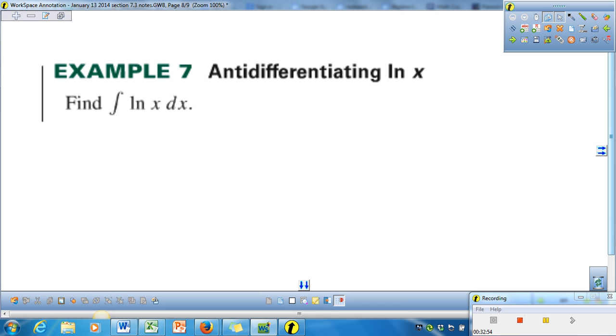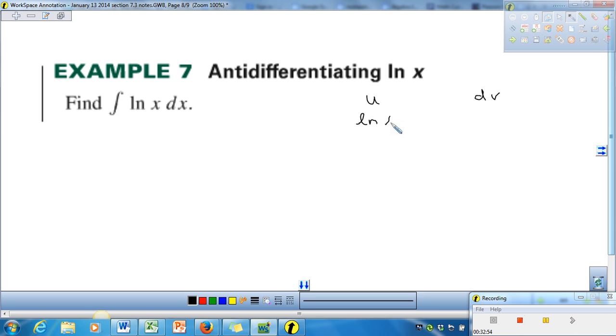But we can derive the antiderivative of log x using integration by parts. So when dealing with ln of x in an integral, generally you want to choose that to be your u because we know how to take the derivative of it. So we're going to make ln of x my u, and what's my dv?